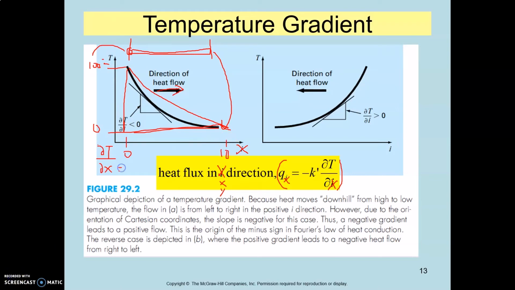So the gradient in this case is equal to 100 minus 0, divided by 0 minus 10. So you get some negative value, negative 10 in total.